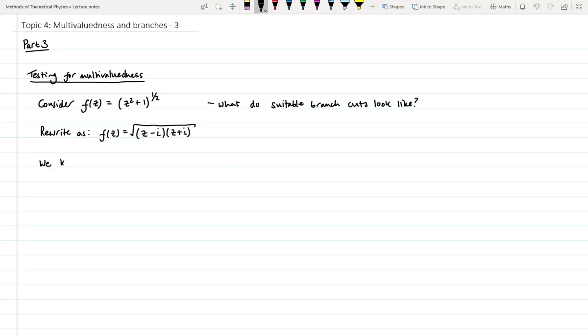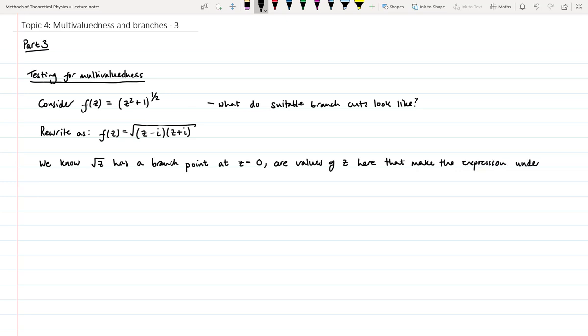We know that the square root of z has a branch point at z equals 0. So the values of z here that make the expression under the square root sign equal to 0 are also branch points.